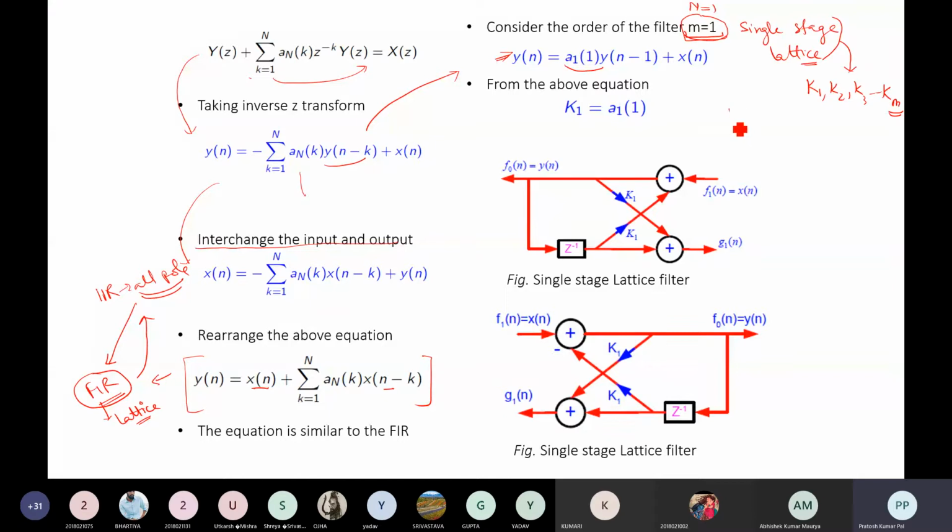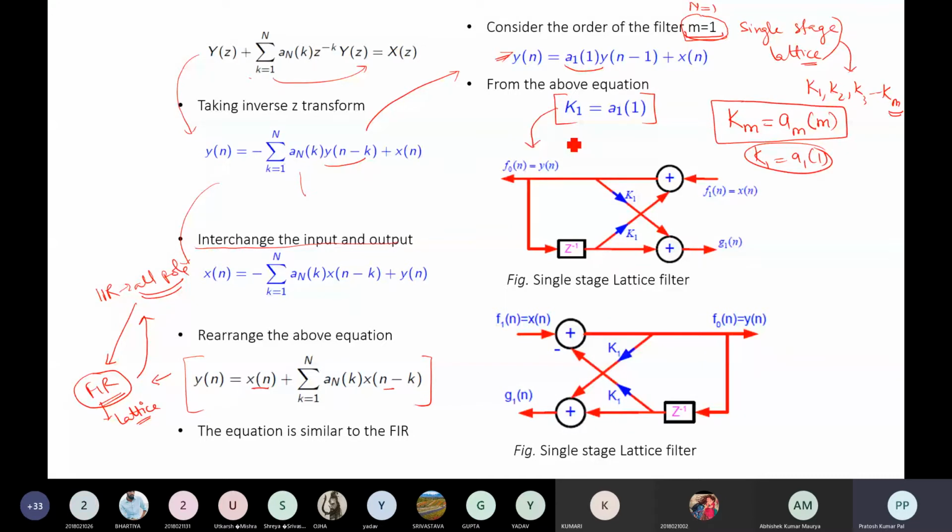This km value is always given to be am of m. So if the order is 1, and we are going to find k1, then k1 will be equal to a1 of 1. Once we know a1 of 1, we have the value of k1, and then we can proceed for the lattice realization.